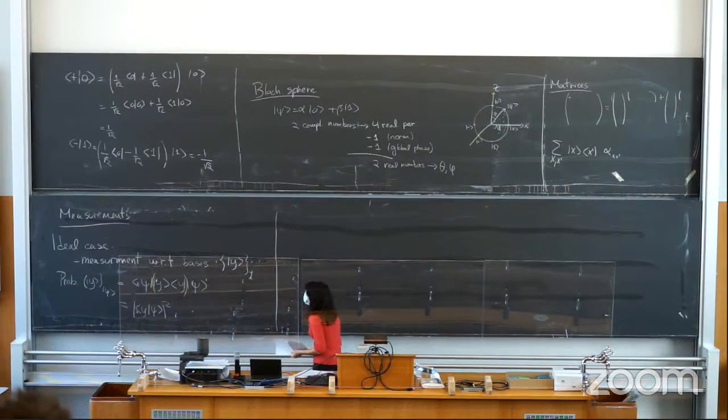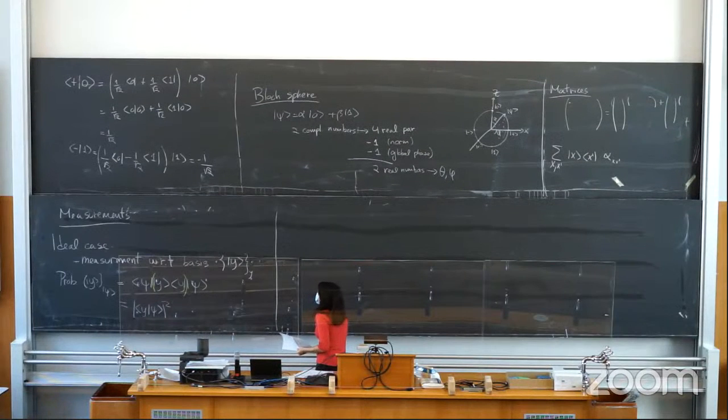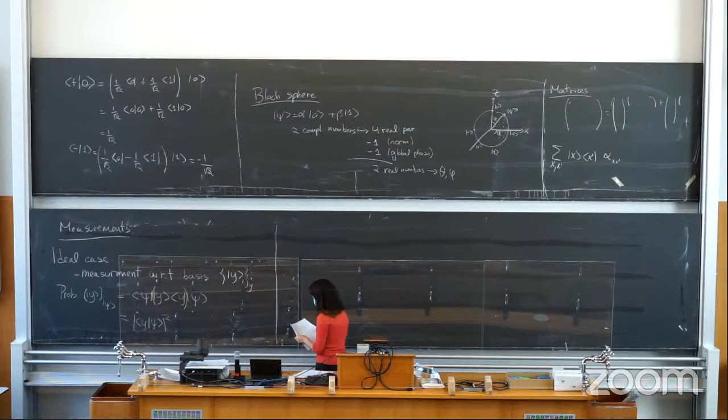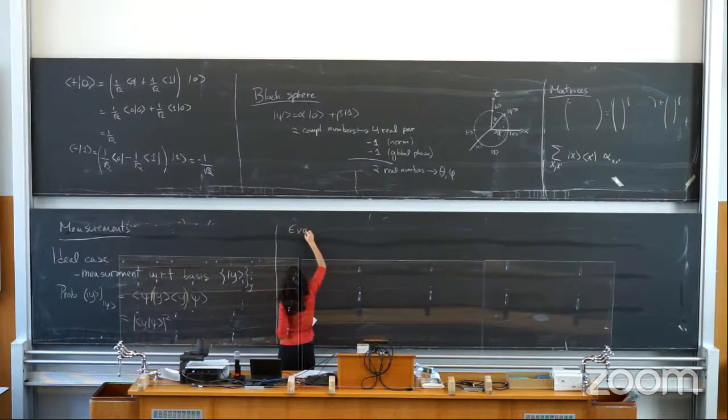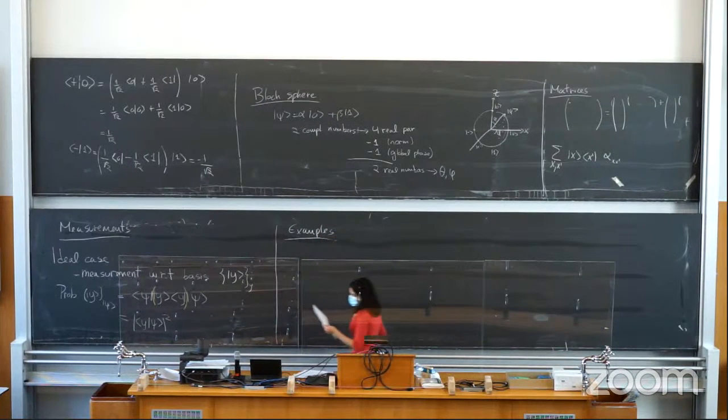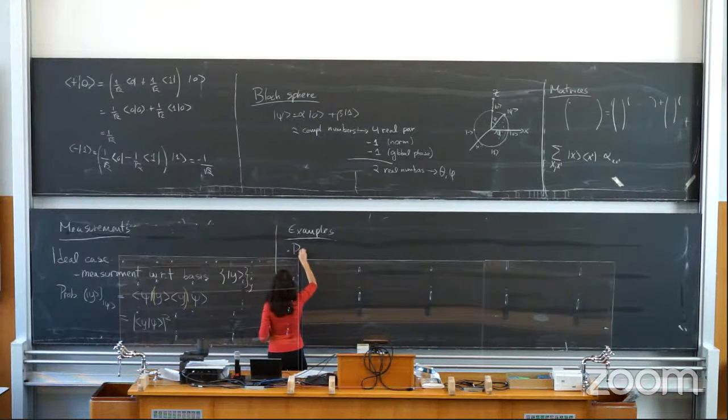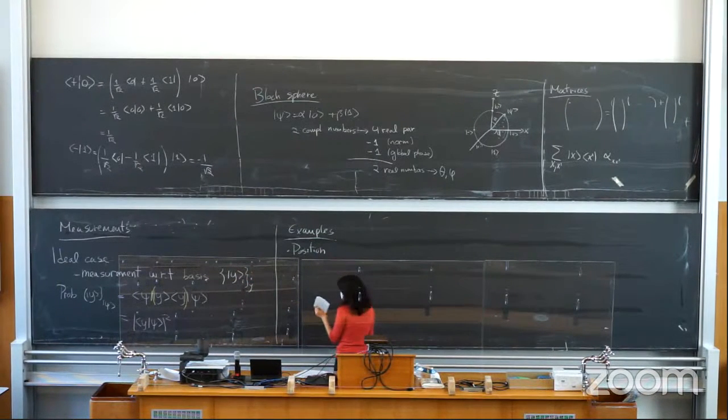So, examples. All right, so suppose I want to measure the position of a particle. So far this y could be anything, any Hilbert space, but now let's say it's a continuous case.